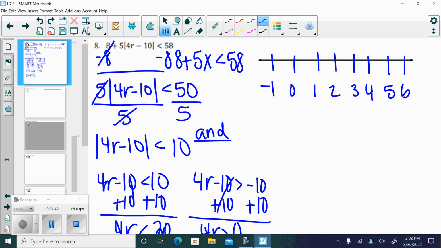So since both of my signs don't have the or equal to, are my circles for both of them going to be open or closed? Open, because they don't have the or equal to. And then remember, since this is an and inequality, are they going to go away or towards? Towards, so they're going to connect. Very good.